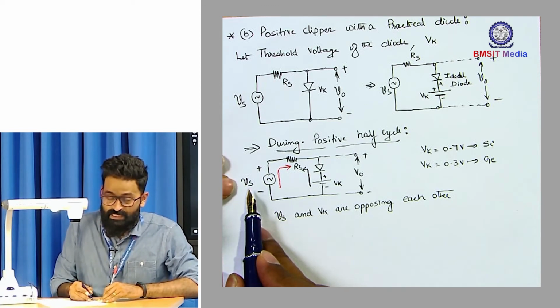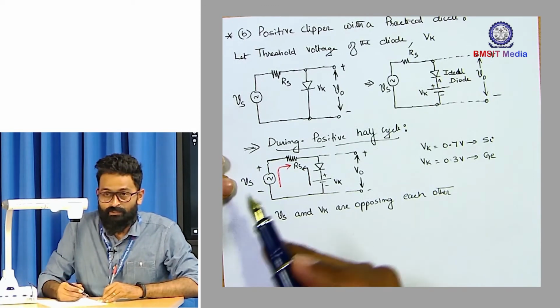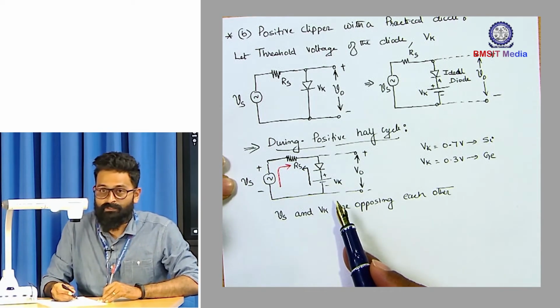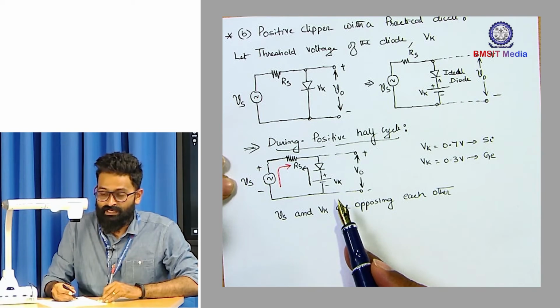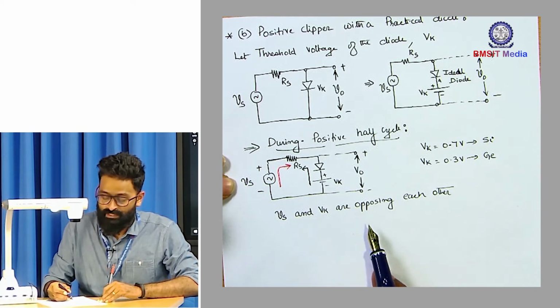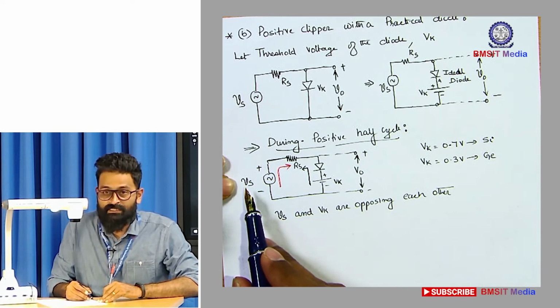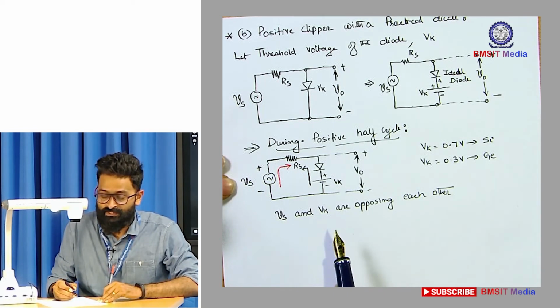The signal Vs rises from 0 volt, reaches positive maximum, and then falls to 0 volts. In the negative half cycle, it rises to minus Vm and then comes back to 0 volts. So Vs consists of a set of instantaneous values.